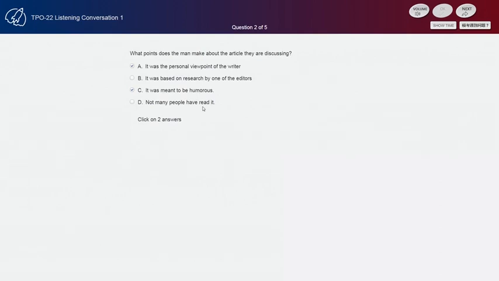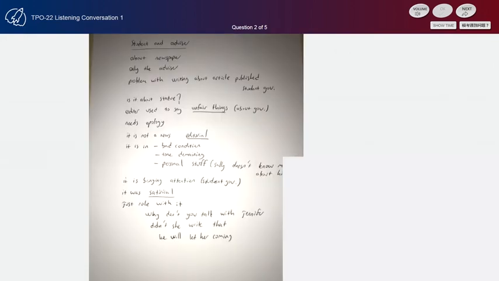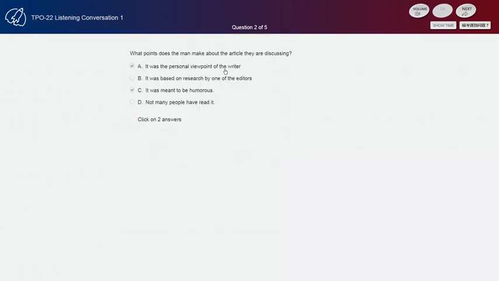Not many people have read it. We don't have any information about it. As you can see, I am answering it based on my notes. So when I choose it was the personal viewpoint of the writer, I see here that variety of viewpoints. So it means that it could be a personal viewpoint of the writer.